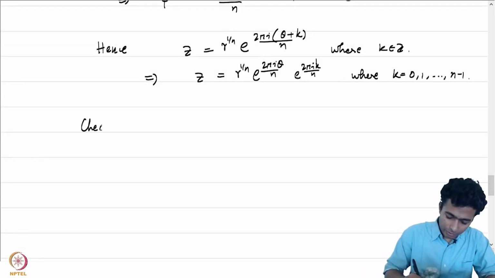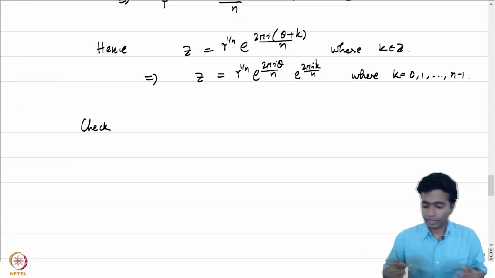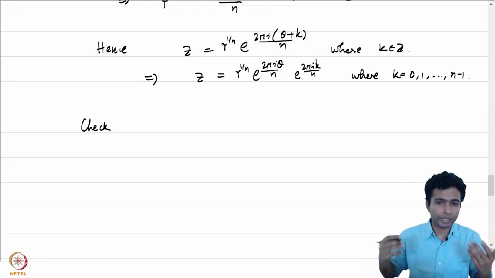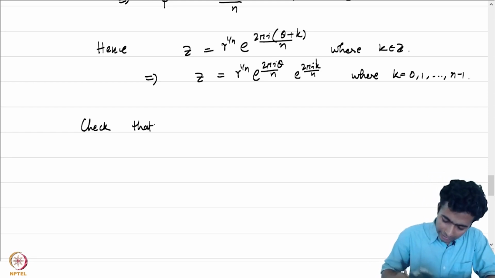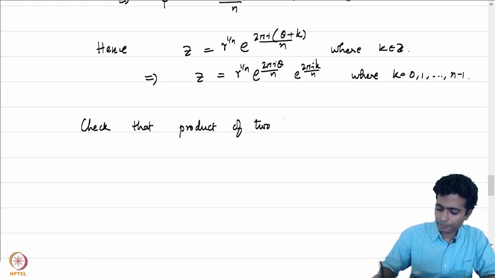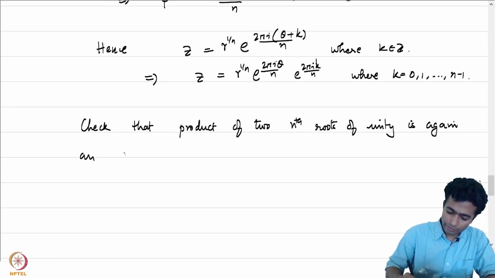Okay, I'll just leave it to you to check that if you take an nth root of unity and multiply it by another nth root of unity, you get back another nth root of unity. Check that the product of two nth roots of unity is again an nth root of unity. So is its inverse.